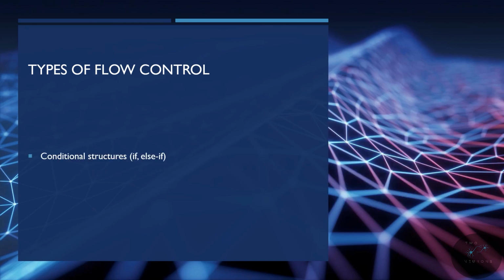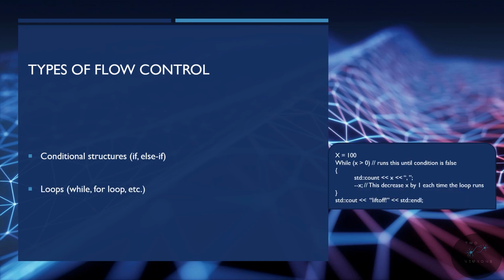Outside of conditional structures, we have another method known as loops. And loops, for example, while or for loops, there are others, but those are the two you'll see most often, will run code repeatedly until a condition is no longer met or a condition changes. So if we say x is equal to 100 and then have the conditional check while x is greater than 0, the while is the loop and the condition for the loop is that x has to be larger than 0.